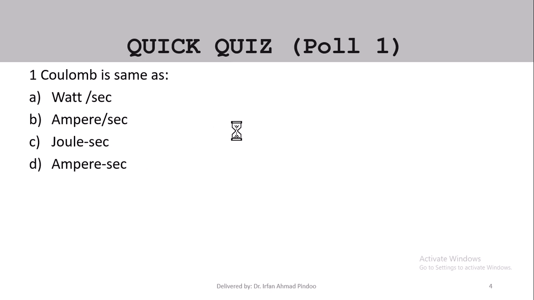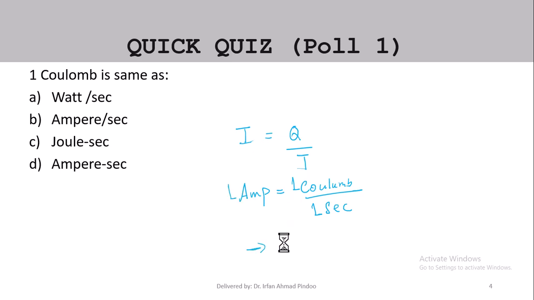We just have to refer to the formula I is equal to Q upon T. So we said that I units are amperes, Q units are coulomb, and T time is second. So 1 coulomb will be equal to what? Ampere into second, right? So it means the right option is D.